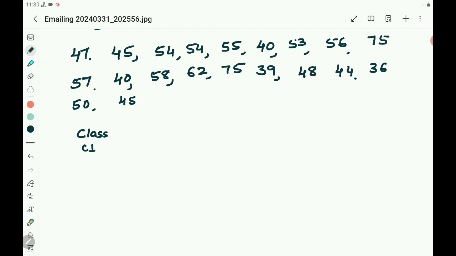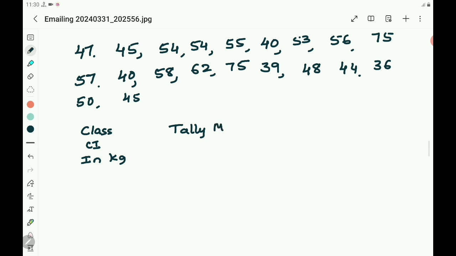So you take CI, class interval, that is in kg. Then the second column is for tally marks.